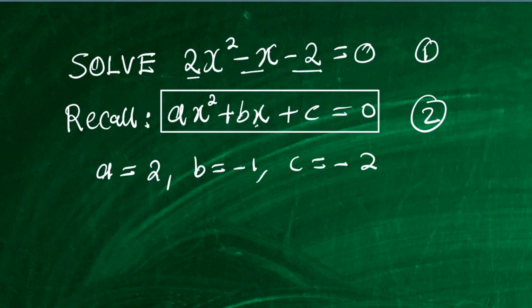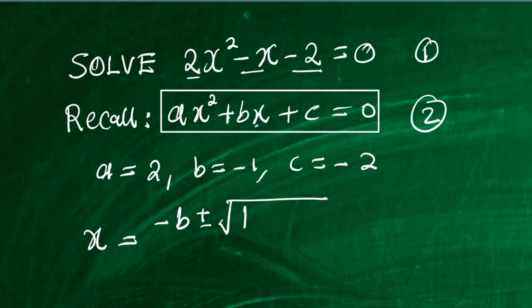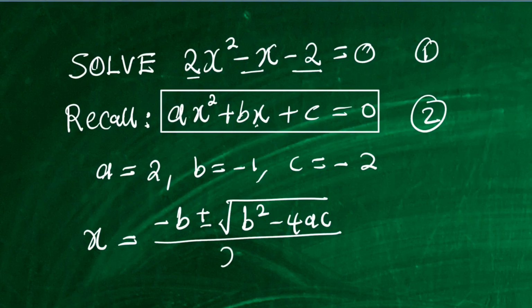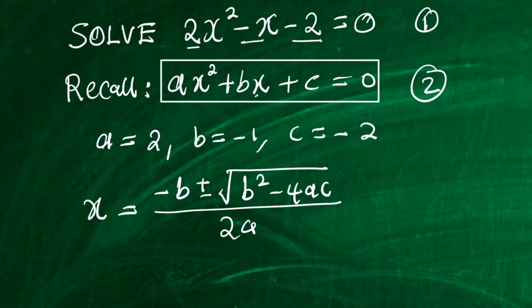Okay? The next step is to remember the quadratic formula, which you don't have to memorize because it is given: x equals negative b plus or minus the square root of b squared minus 4ac, everything divided by 2a. Since a is 2, b is negative 1, and c is negative 2, we can substitute.